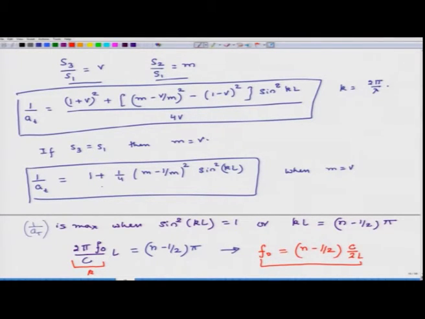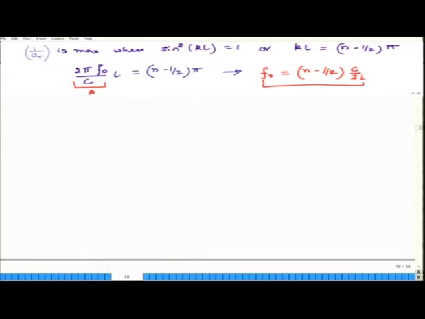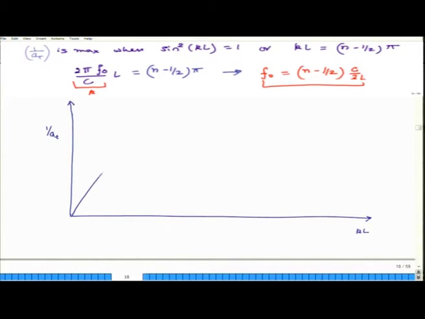And if I plot my transmission loss, if I plot the parameter 1 over AT, with kL on the x axis and 1 over AT on the y axis, then I get a curve something like this.